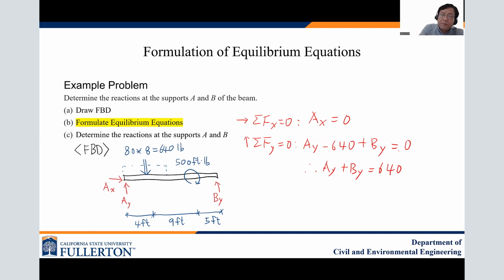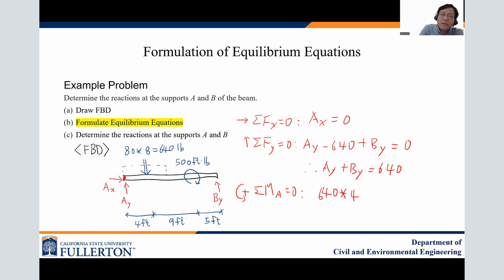And then the moment is very important. So sigma M_A equals 0. And then sign convention, counterclockwise moment is positive. The pivot point is A, so that is the pivot point. So A_x, A_y cannot create a moment because there is no moment arm. So 640 times the moment arm, which is 4.